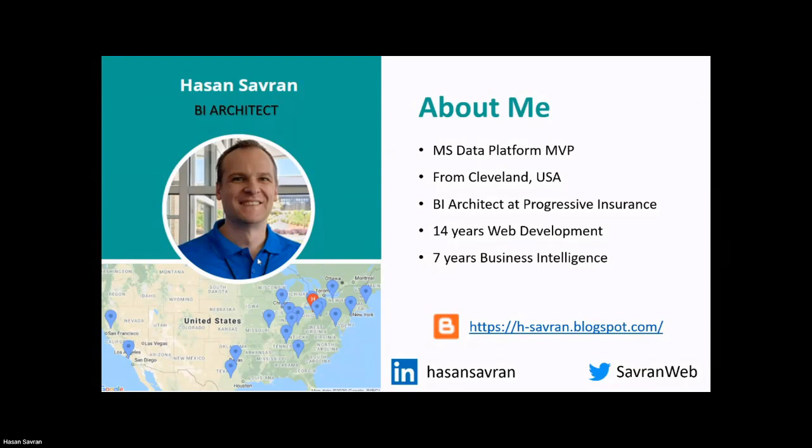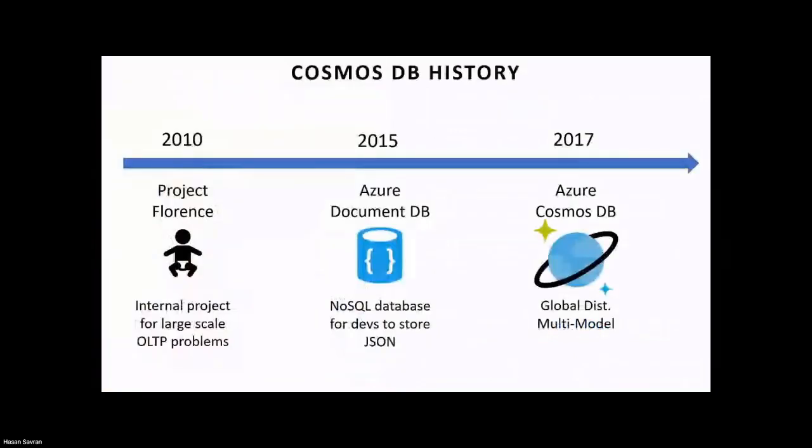So let's start the presentation. I'm going to speak about the history of Cosmos DB first. In 2010, Microsoft started Cosmos DB as the Project Florence project, mostly an internal project for Microsoft.